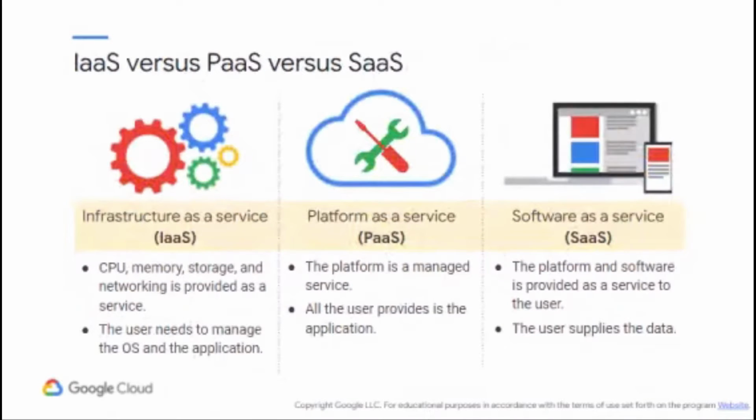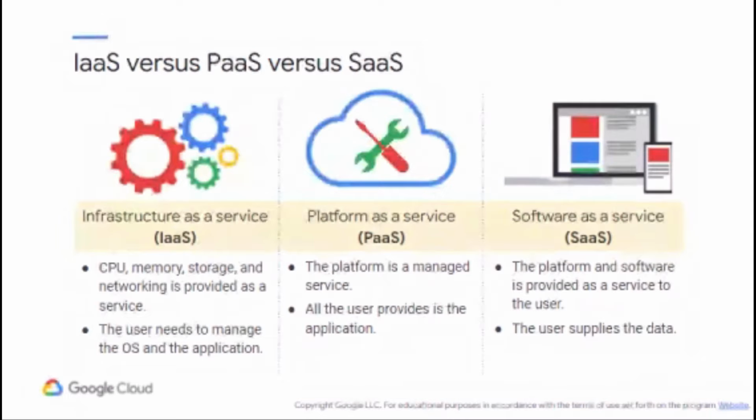As mentioned earlier, it was about getting services in the form of infrastructure, platform, and software. Briefly, infrastructure as a service deals with storage, where storage is provided to you as a service, and you need to get your own OS or application.